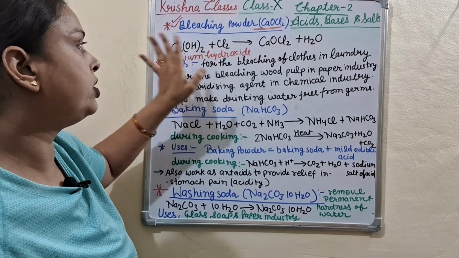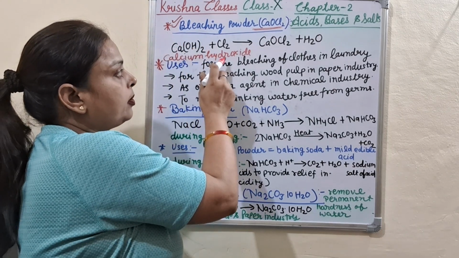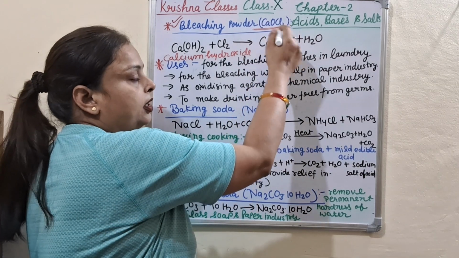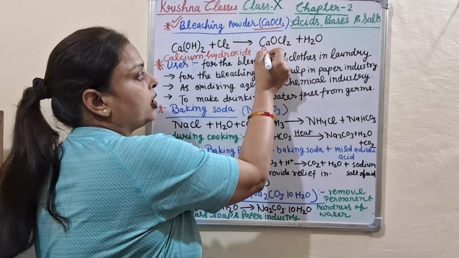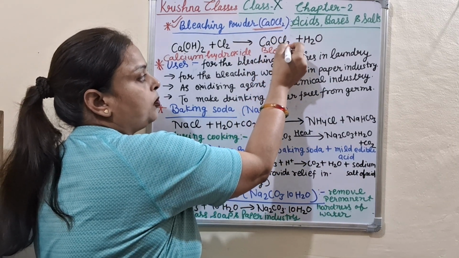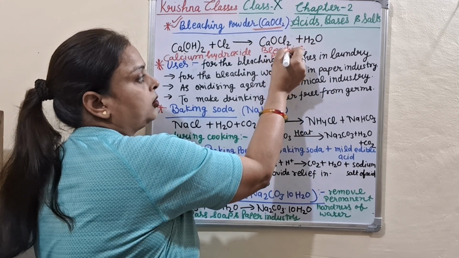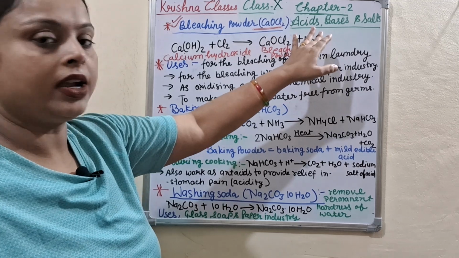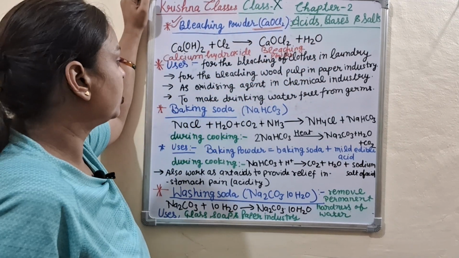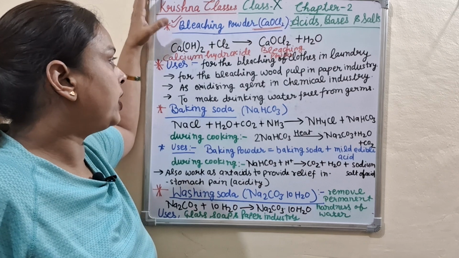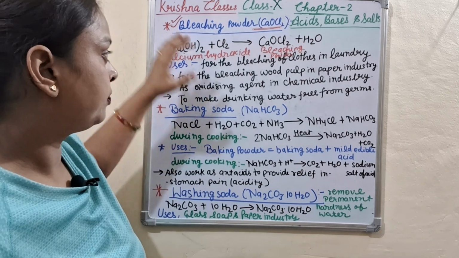That Cl2 is used in this reaction. Calcium hydroxide when it reacts with chlorine, then bleaching powder is formed. This is called the bleaching powder, and water is also formed. So this is the process by which we prepare the bleaching powder.